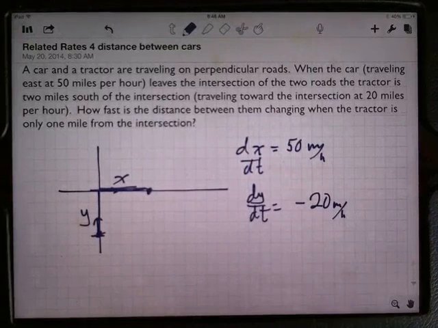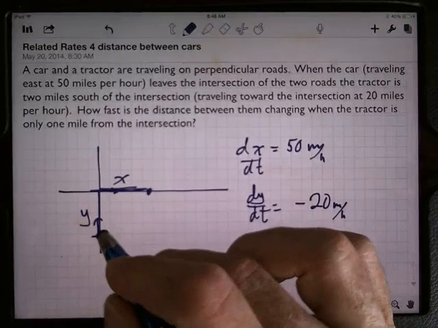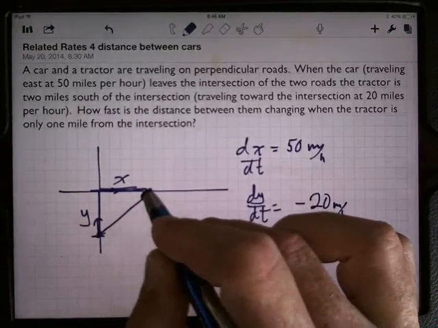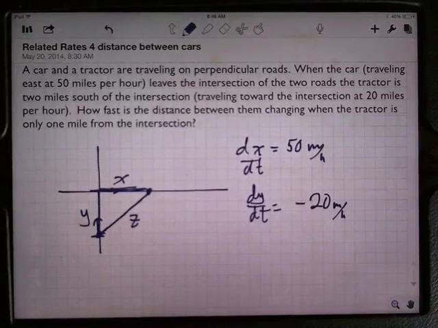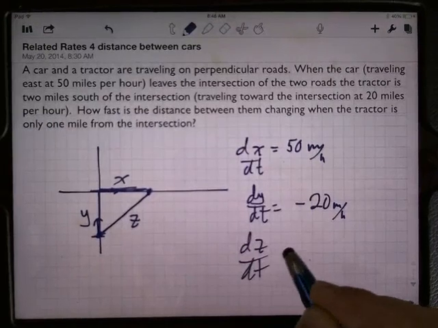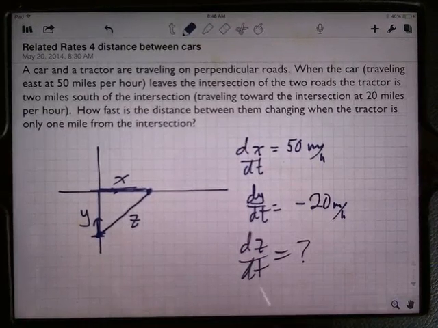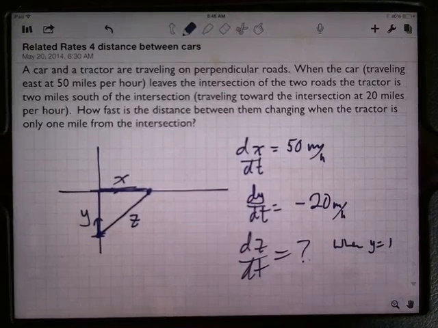So let's make dy/dt negative because y is getting smaller. The question is asking, how fast is the distance between them changing? So let's call that z. The question is, what is dz/dt? This is when y equals 1.